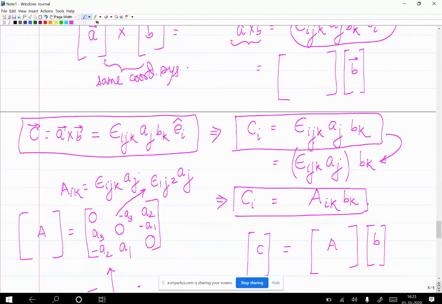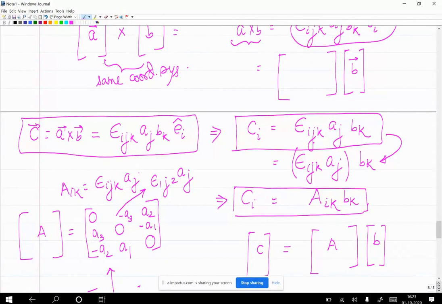So that's what I did here. I said, let us say it is A_ik, and then A becomes a matrix.